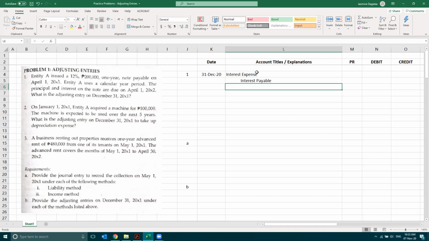So, your computation is from April 1 until December 31. How many months? 9. So, your computation is 18,000: 200,000 times 12% times 9 months over 12.